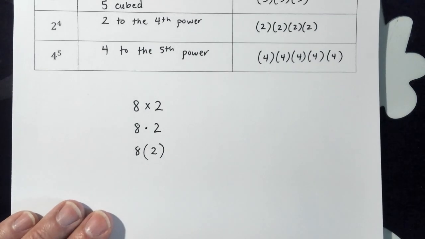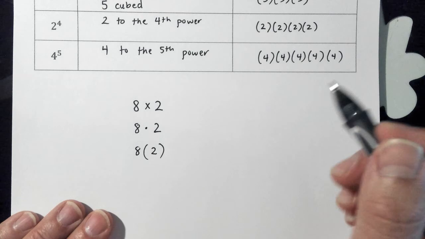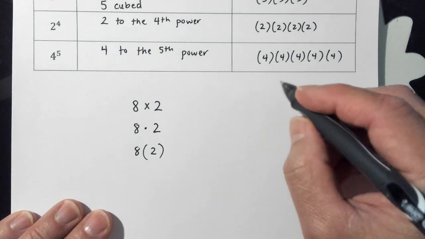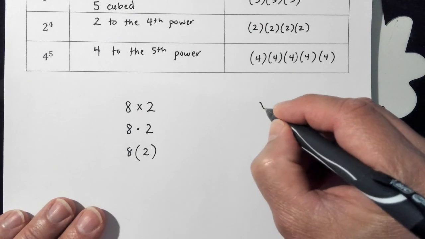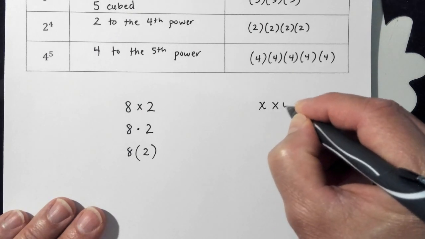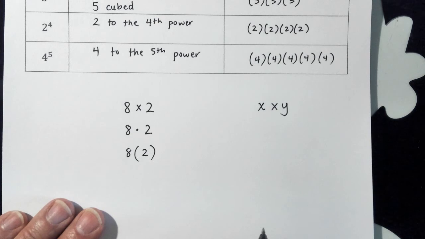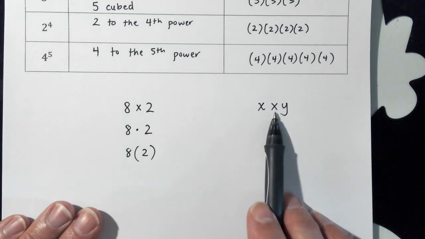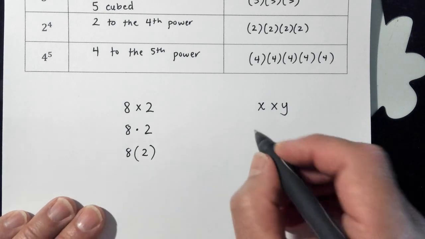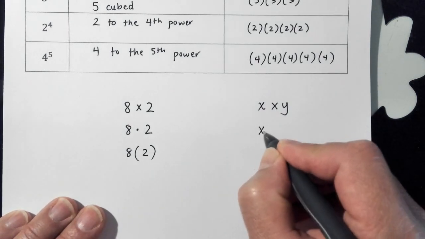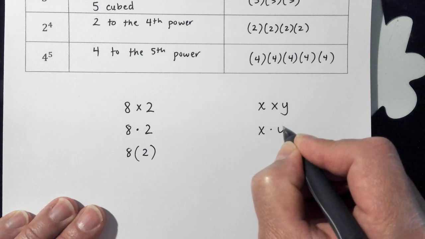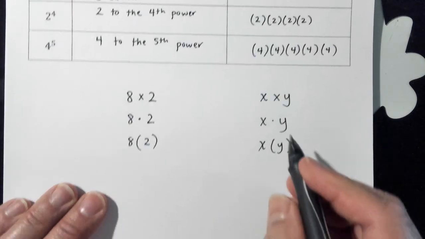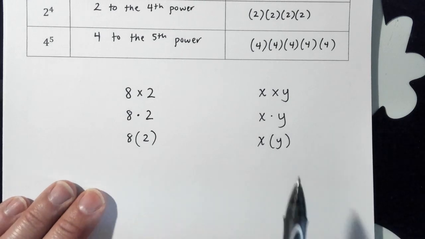Yeah. And then fast forward to high school and the use of letters or variables. Yeah. X times Y. That looks horrible. The X looks like the times sign. That's why we don't use that symbol to mean multiply. So in high school, we would prefer you to use a dot or parentheses, or you guys have learned this also.